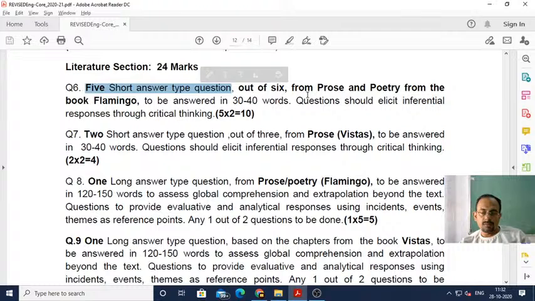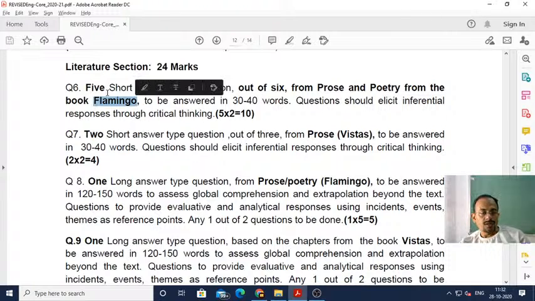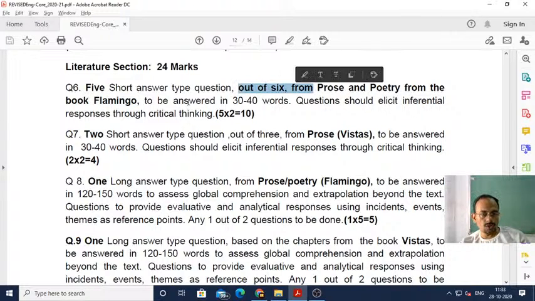These 6 questions could be from prose and poetry, from Flamingo actually, not from Vistas. So the first subjective questions from literature will be from Flamingo, prose and poetry taken together. Out of 6 questions, 5 you've got to answer in 30 to 40 words.